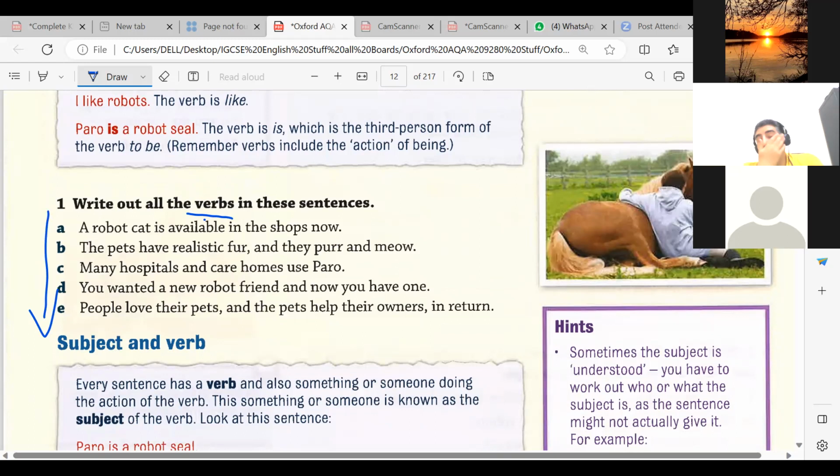Only write the word; don't write the type. For example, number one: "A robot cat is available in the shops now." What is the verb? Is. That's it. Right, is.